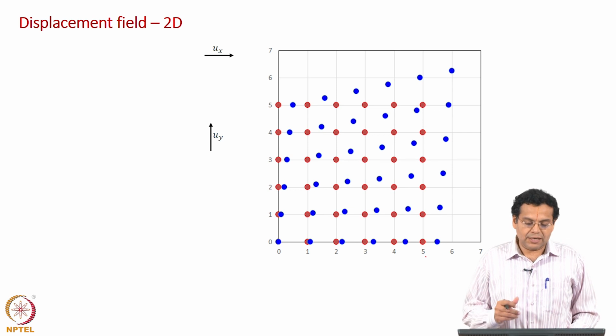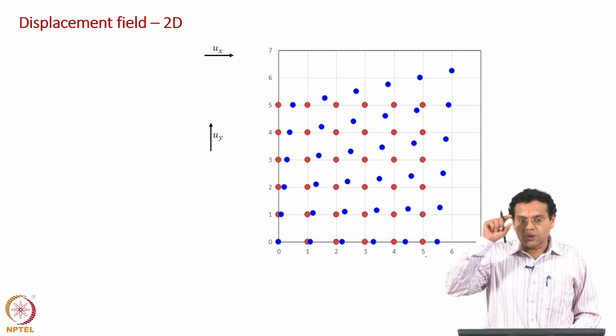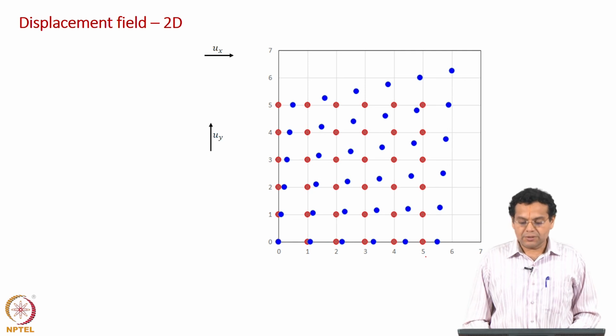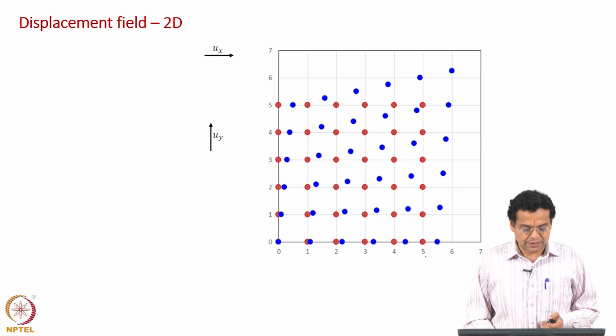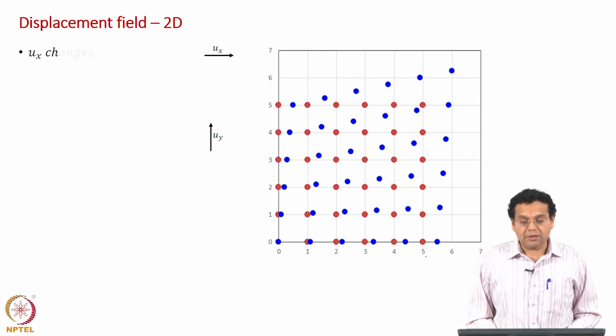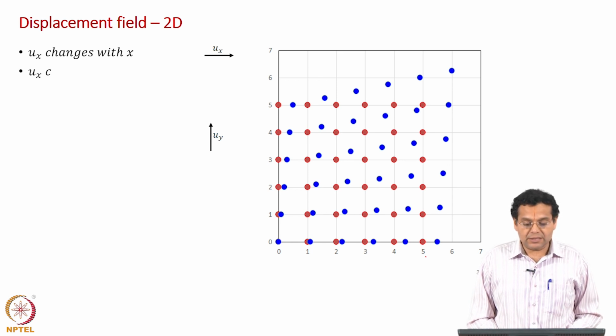And now, if you look at the y displacement, which is the difference in the y coordinate, that also changes if you go along the x axis and the y axis. That is what we summarized, that is what we discussed in this slide. Ux changes with x and Ux changes with y as well. So, Ux is a function of x comma y.